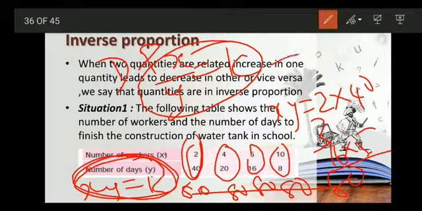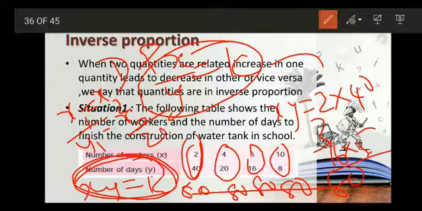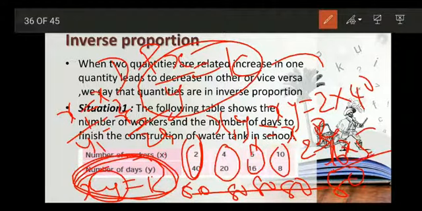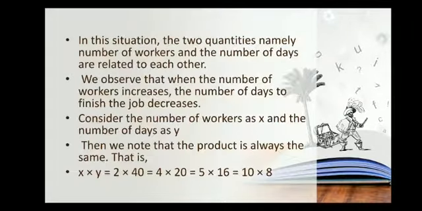In the case of direct proportion, when you take any two x values, that is x1 and x2, x1 by y1 is equal to x2 by y2. Here, in inverse proportion, xy is equal to k. So when you take x1 and x2, x1 y1 is equal to x2 y2. When two quantities x and y are in inverse proportion, x into y is equal to k.